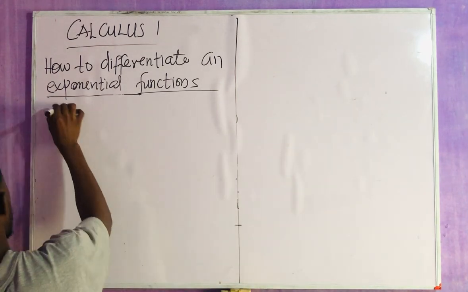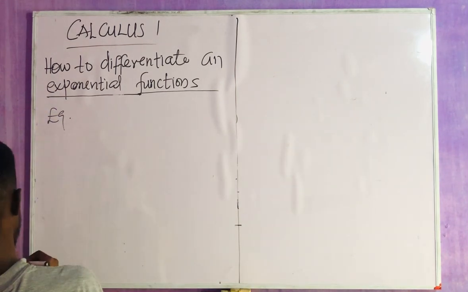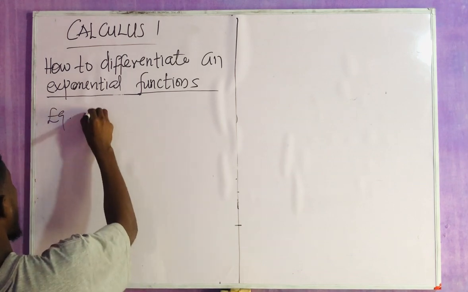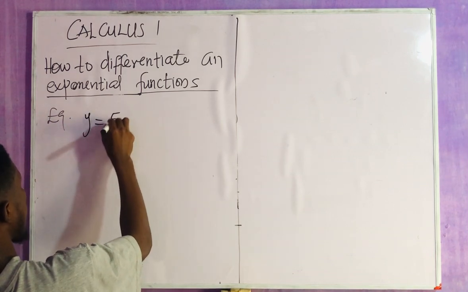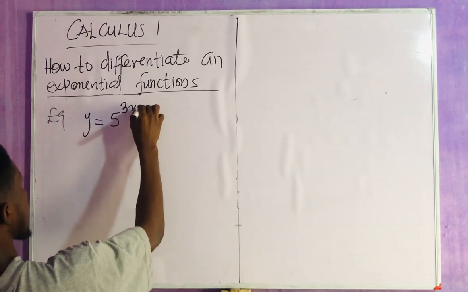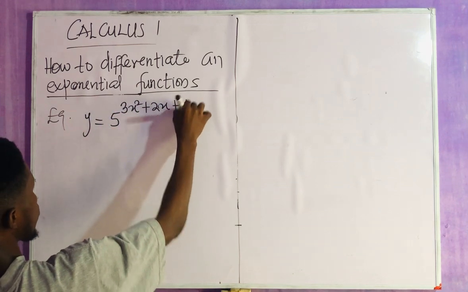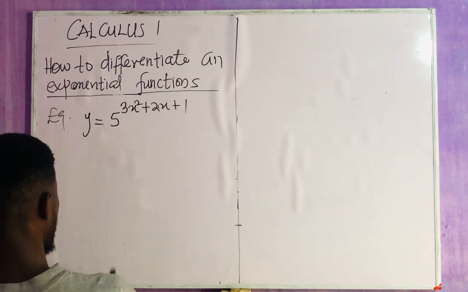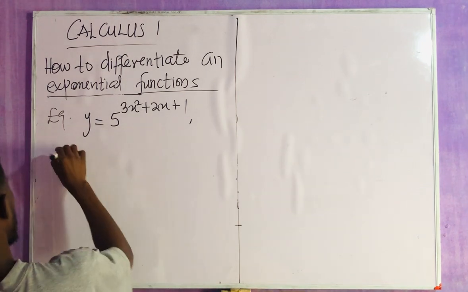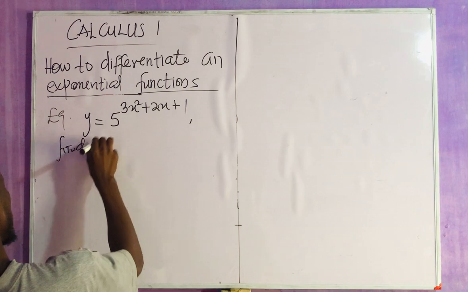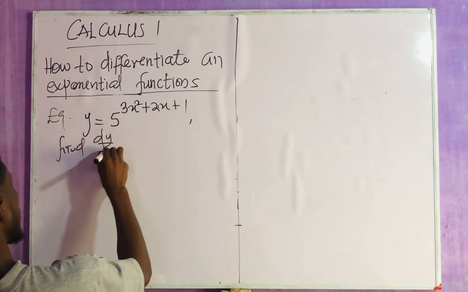Next example. y equals 5 to the power 3x squared plus 2x plus 1. Find dy dx.